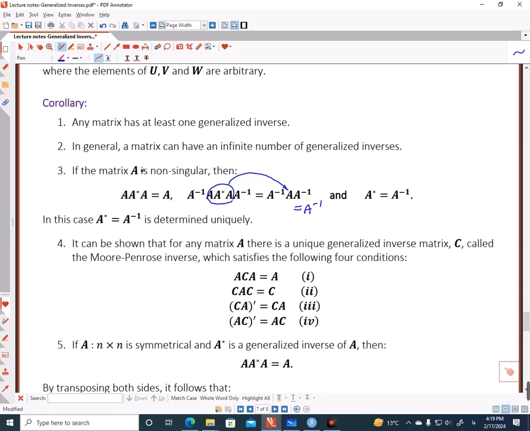And this is a very important result. As I started in the previous video, when you have such an equation and X prime X is invertible, which means it is full rank and a non-singular matrix, you can invert it, and the generalized inverse is actually the inverse of this matrix.